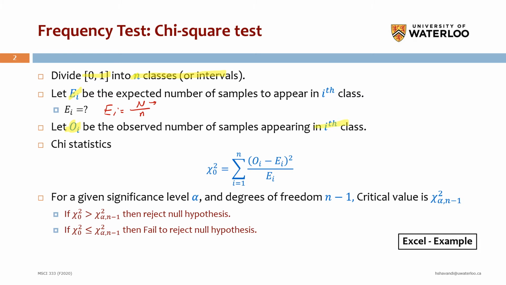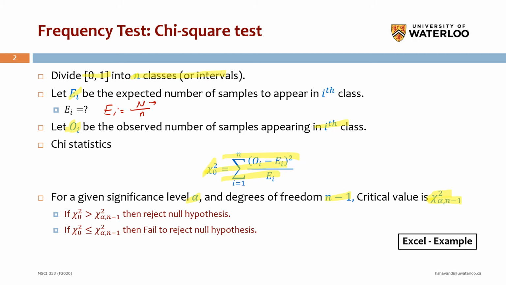By having EI and OI, we can calculate the chi-square statistic with this equation. Then, with a significance level alpha, and n minus 1 degrees of freedom for the chi-square distribution, where n is the number of classes or intervals, we go to the table and obtain the critical value of chi-square with alpha and n minus 1.